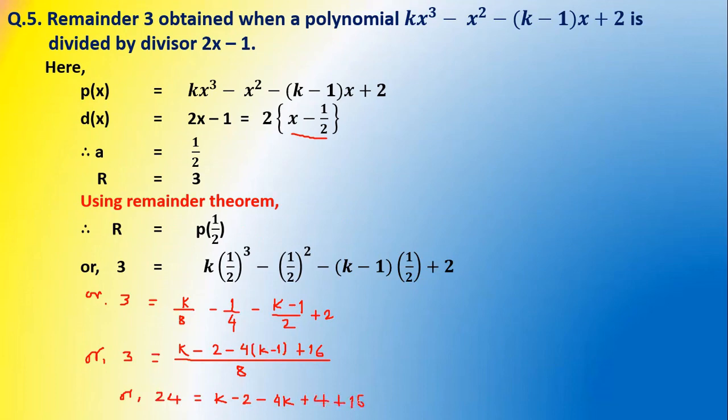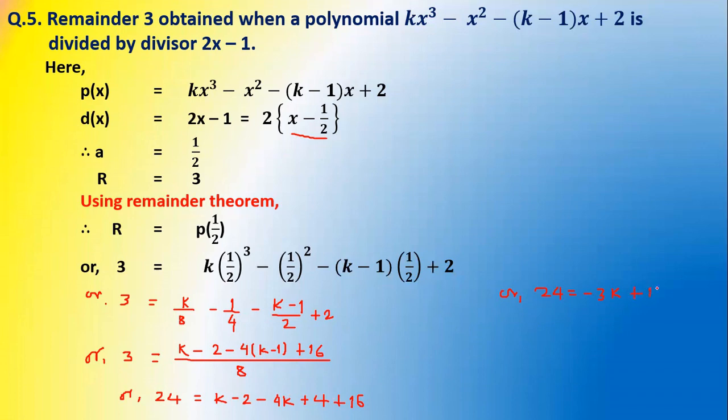Let's keep 24 as it is. On the right hand side there are many like terms. So k and minus 4k would simplify to minus 3k, and there is minus 2 plus 4 plus 16, so 4 plus 16 is 20, 20 minus 2 is plus 18.